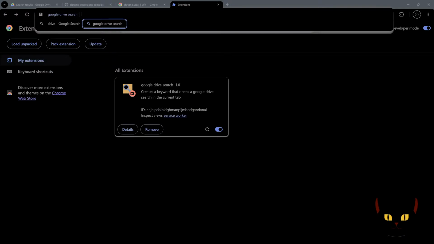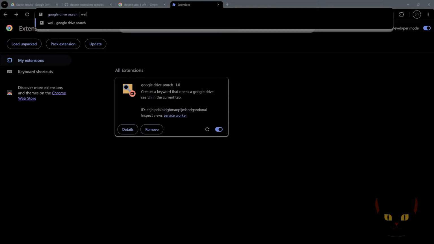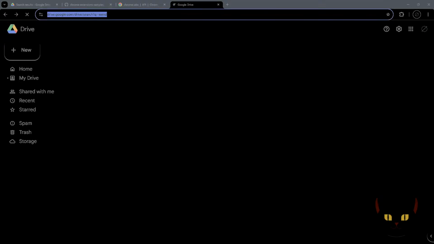Hit drive and hit space. What do I want to search for? Weird.